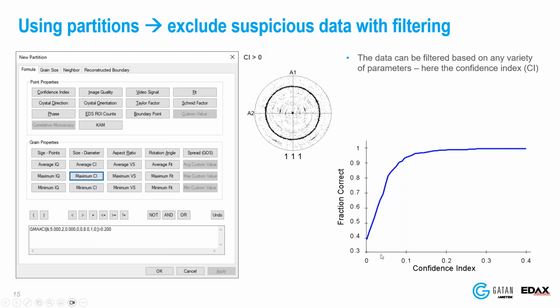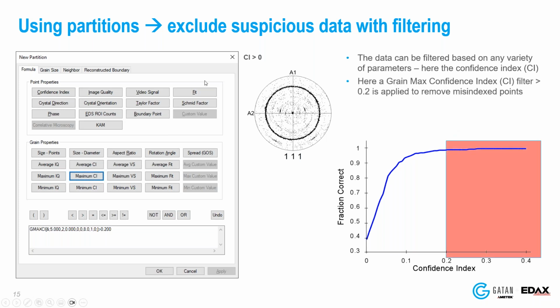What it means is if I look at my confidence index chart, when I have a CI of 0.2 or higher, effectively everything is okay, everything is well indexed. And in the past, if I used the CI filter, I would just get from 0.2 and higher. I would use all the data that has a higher value than this. And then I could use a CI standardization to include some more points.